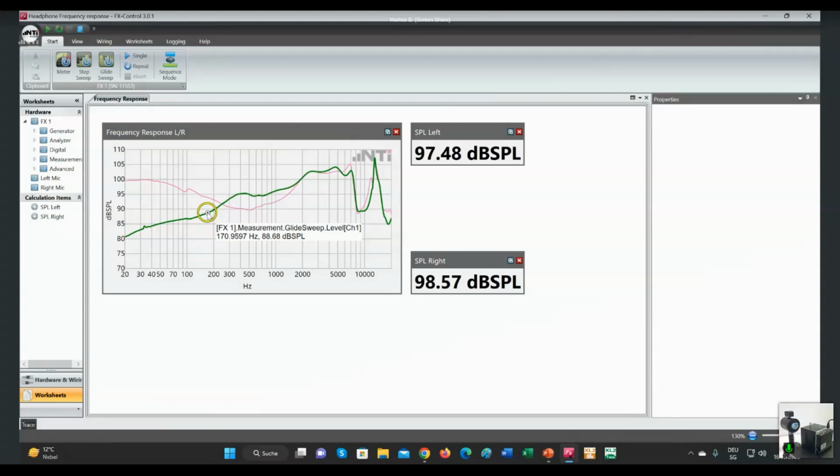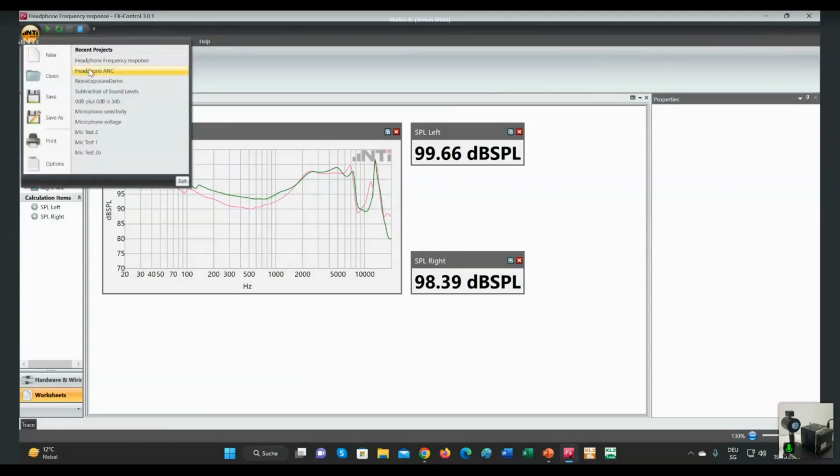I'm going to try again and restart the test. Now I have it. Now you can see the two curves are pretty close to each other. We have comparable wideband levels. So now we have a stable setup.